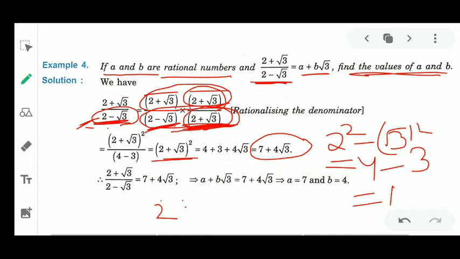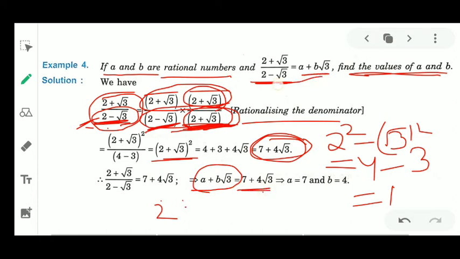So when you rationalize the denominator of (2 plus root 3) by (2 minus root 3), we got 7 plus 4 root 3. So a plus b root 3 equals 7 plus 4 root 3, because in the question (2 plus root 3) by (2 minus root 3) is a plus b root 3, and we got the answer in the form of a plus b root 3. So here a is 7 and b is 4. Clear?